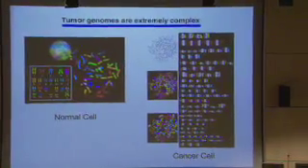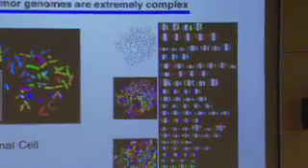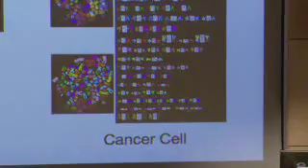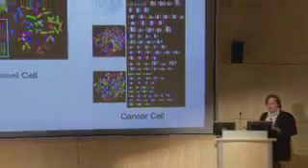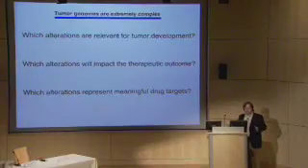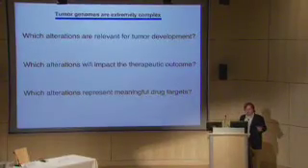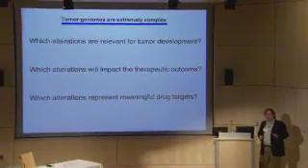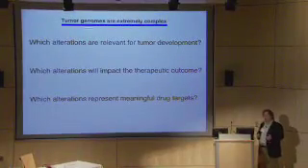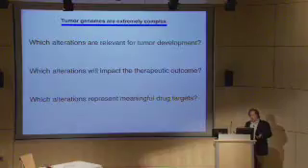And not only are there more copies, these chromosomes are rearranged and portions are amplified and portions are deleted. So there may be hundreds of changes in this cancer cell that are not present in this normal cell. And just looking at it, it's very difficult to tell which of these alterations were relevant for tumor development, which of them are going to impact therapeutic outcome, and which in the end are going to represent meaningful drug targets.